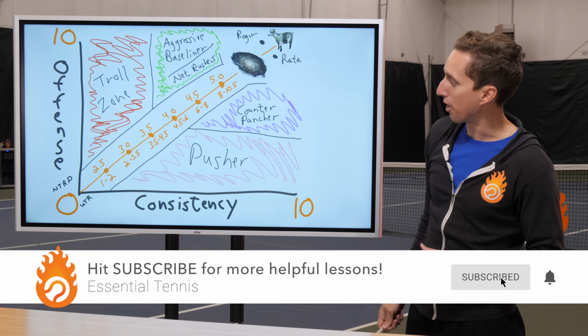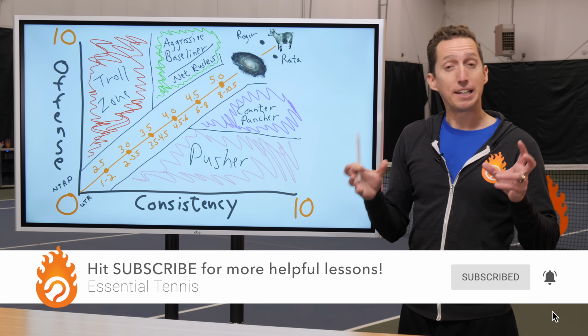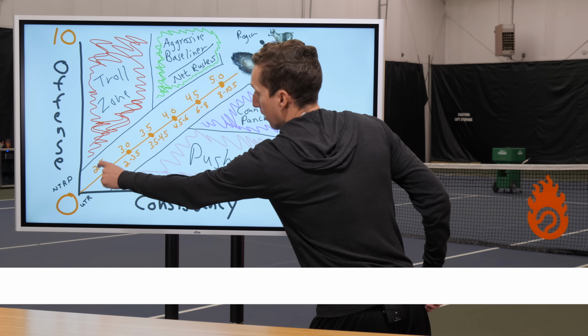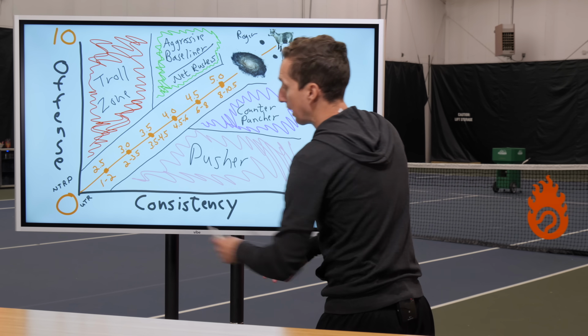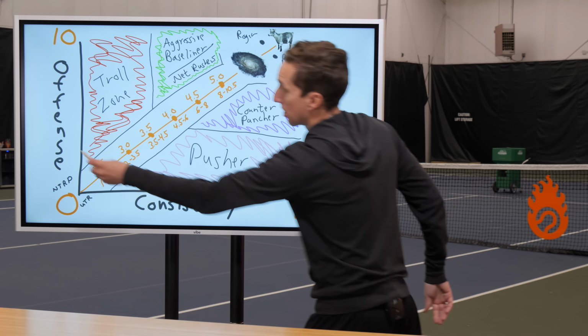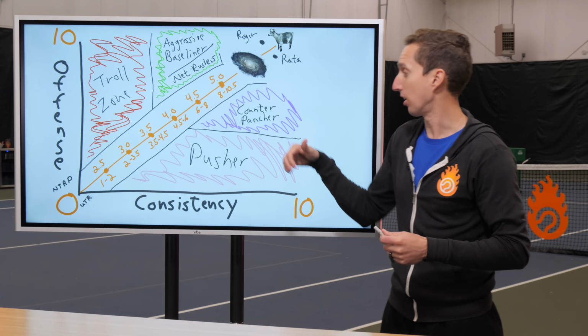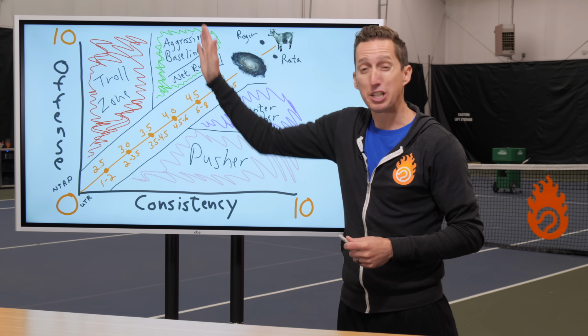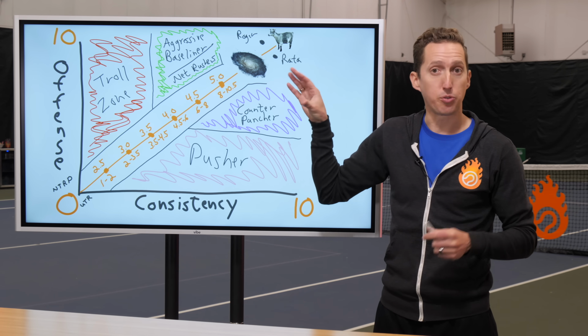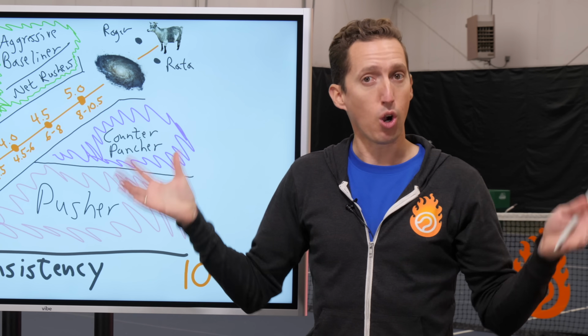Here's how everybody else kind of fits in. Your goal, ideally, should be to kind of stay within the tram lines here and equally develop your consistency along with your offense. If you only do one or the other, then you tend to kind of get pigeonholed into one of these classifications, which isn't bad, by the way, or wrong.